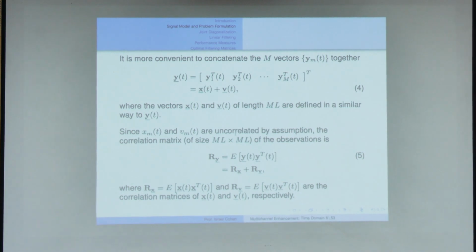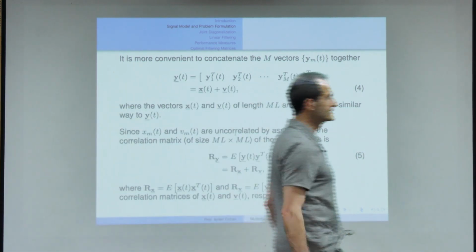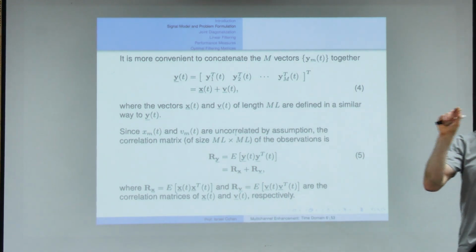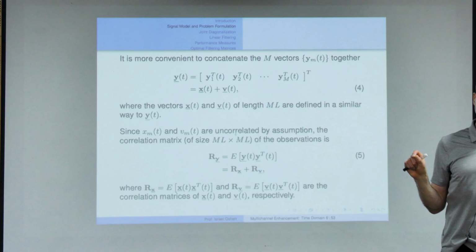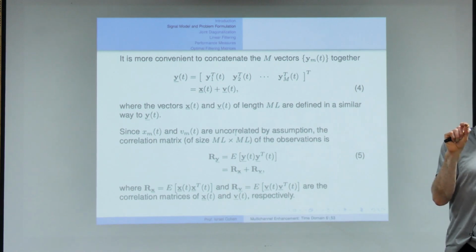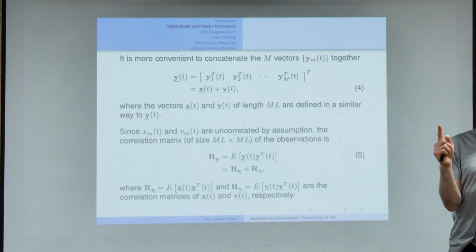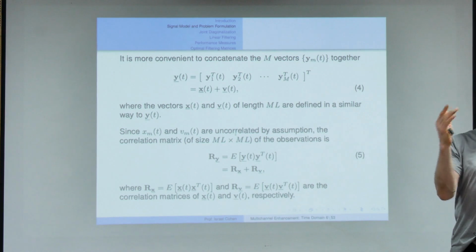In single channel enhancement, in order to compute Rx and Rv, we assumed that we know the correlation between any two samples of the desired signal and any two samples of the noise signal, as long as the distance between the samples is up to L samples.